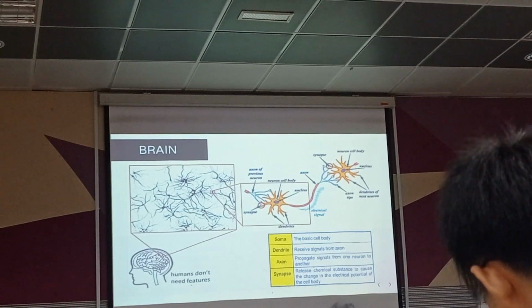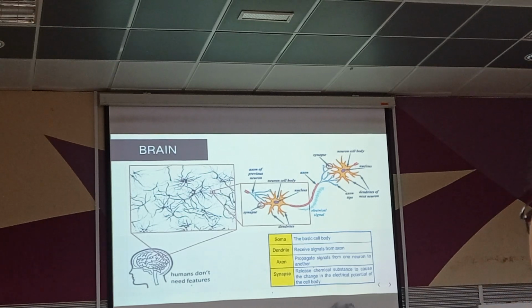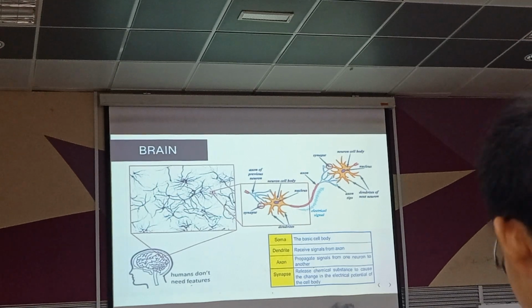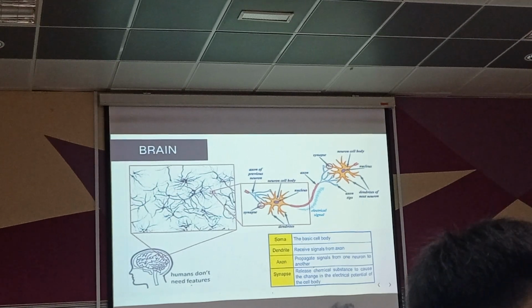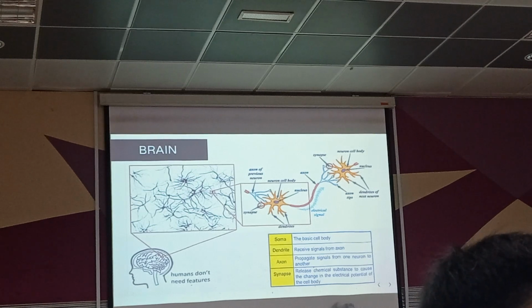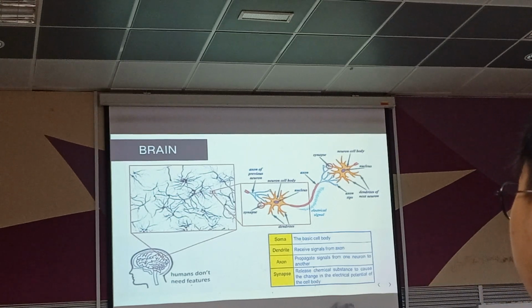After you process this information, you get some output. The output generated here is transmitted through the axon. The long tail here is known as an axon. You have an input, it goes to the processor, generates some output, and passes through the axon.